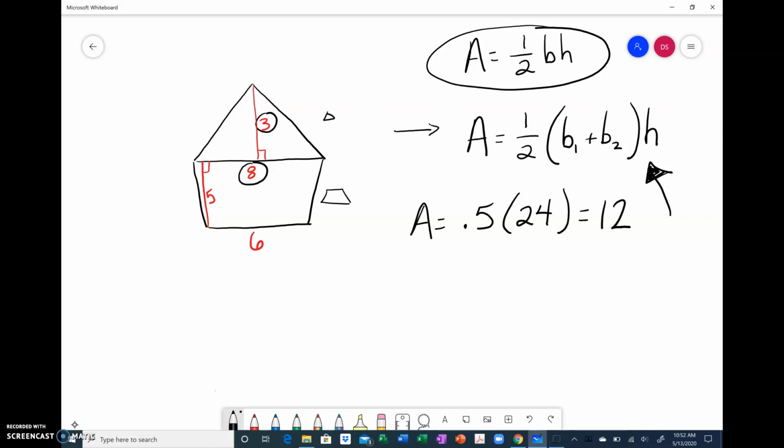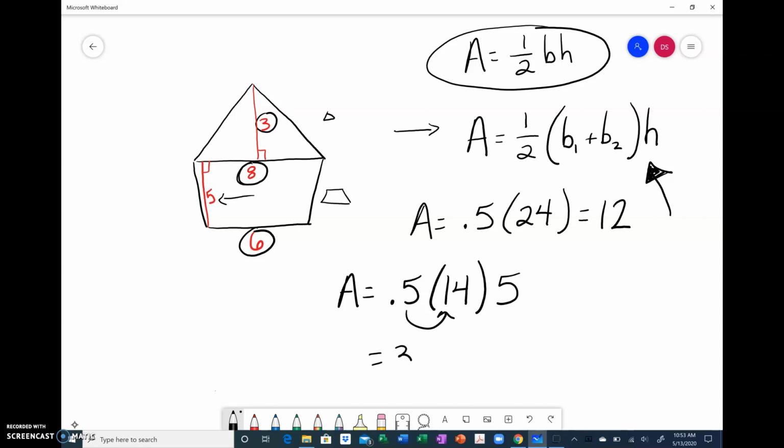Okay, now move down to the trapezoid. Plug in what you know. 1/2 of the two bases added together, and so that would be 8 and 6 added together is 14, times a height in the trapezoid is 5, okay? I can do mental math to solve this. 1/2 of 14 is 7, times 5 is 35.